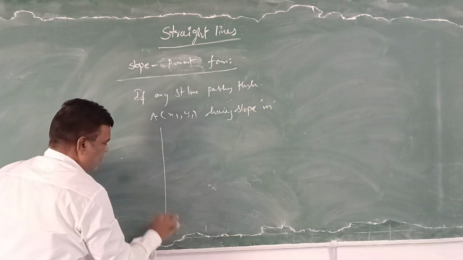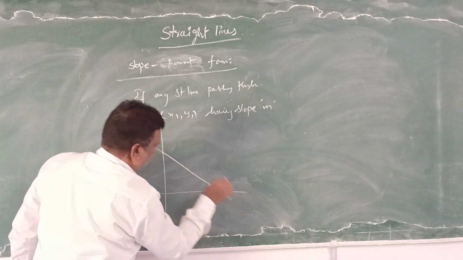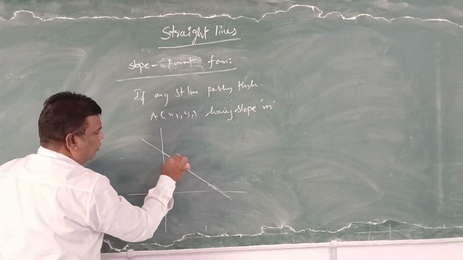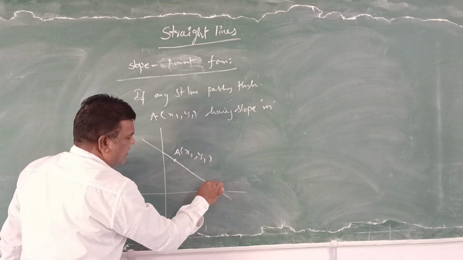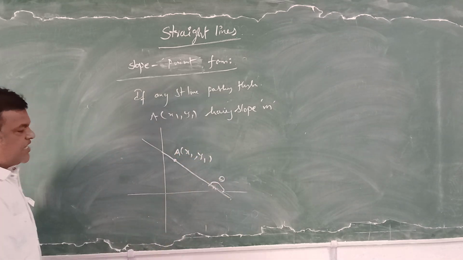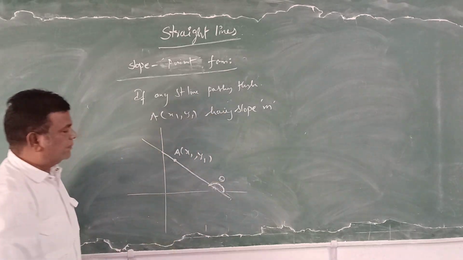See, if a straight line which is passing through a point A (x1, y1) has an inclination theta, so if it has an inclination it has some slope m.